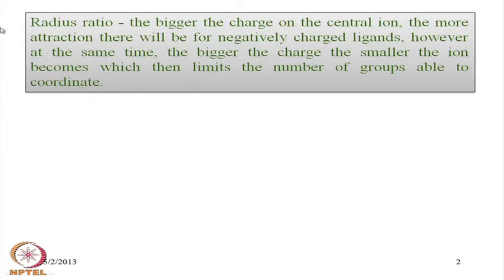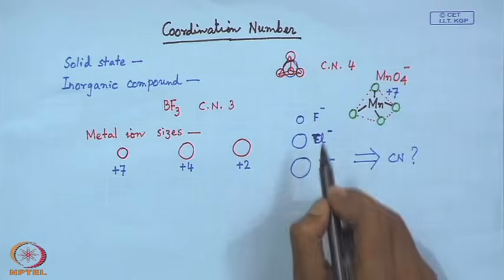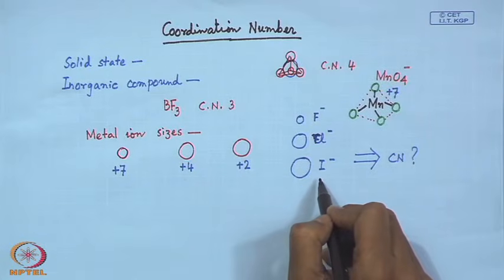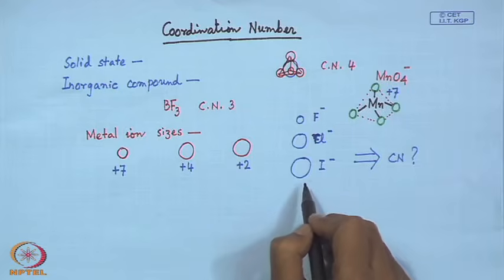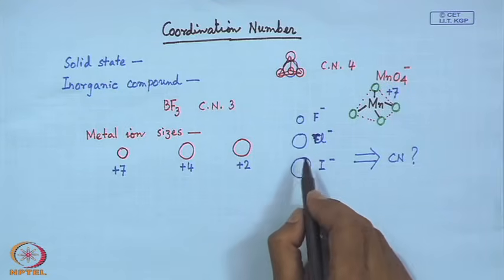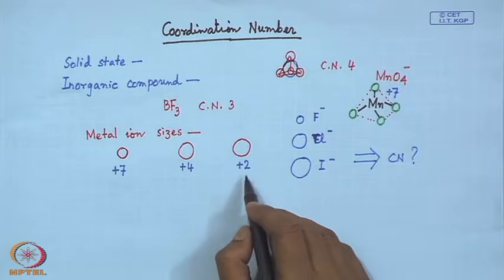We get, like in our solid state geometry, the radius ratio. The bigger the charge on the central ion, the more attraction there will be for negatively charged ligands, like fluoride, chloride and iodide.